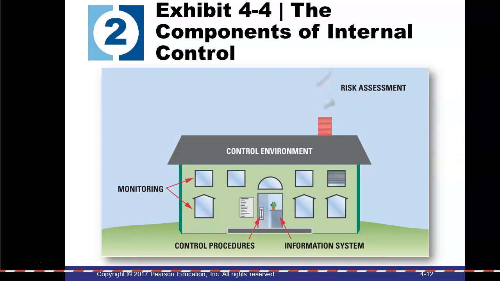So it's our responsibility to be good stewards of resources that are being trusted to us to use in the performance of our jobs. But at the same time, we need to make certain that we understand exactly what internal controls are meant to accomplish and how they do that. The control environment is like a roof.